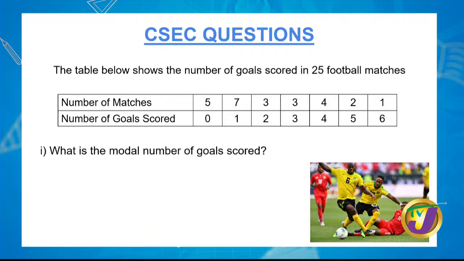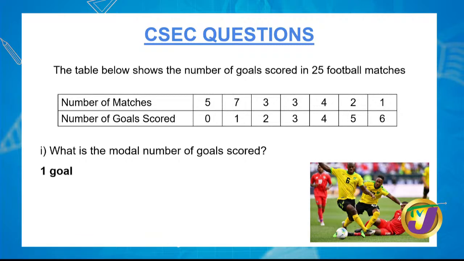So the highest frequency is 7, and that is for 1 goal. So 1 goal occurs in most of the matches that are being played. So that means that the modal number of goals scored would be 1 goal.